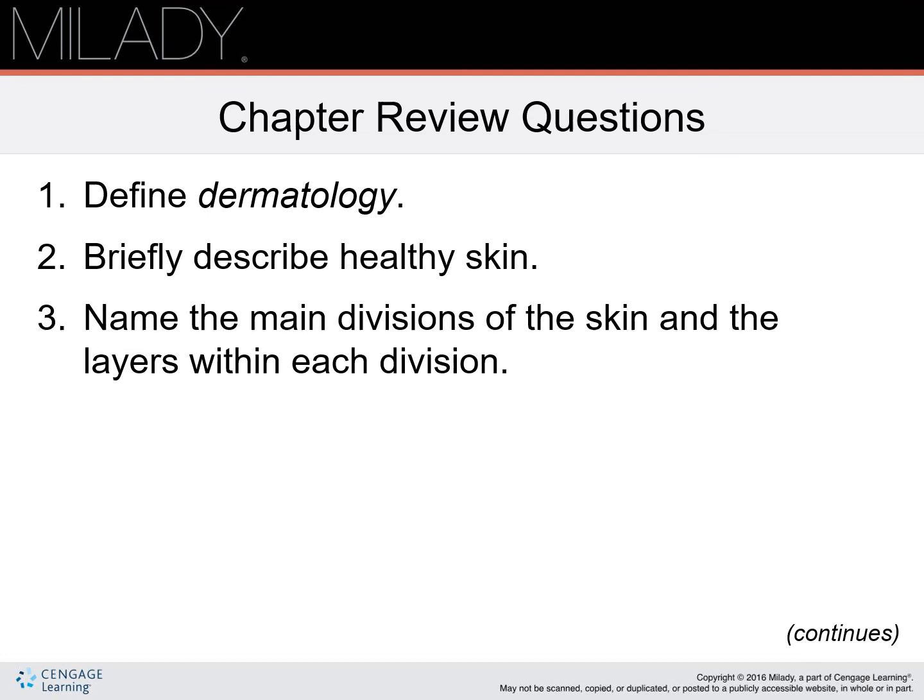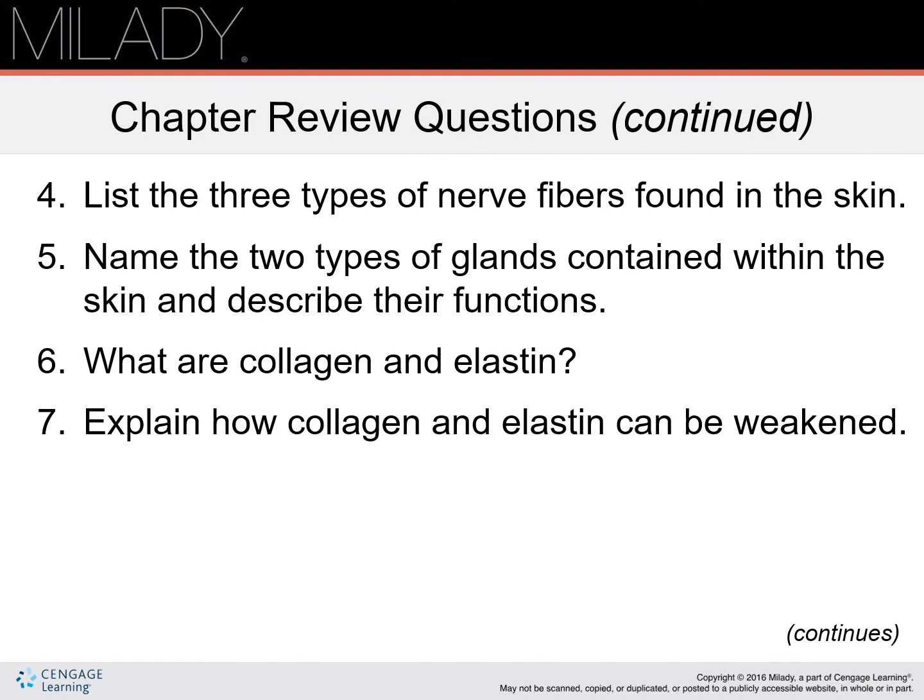The main divisions of the skin are the epidermis and the dermis. List the 3 types of nerve fibers found in the skin: motor, sensory, secretory.